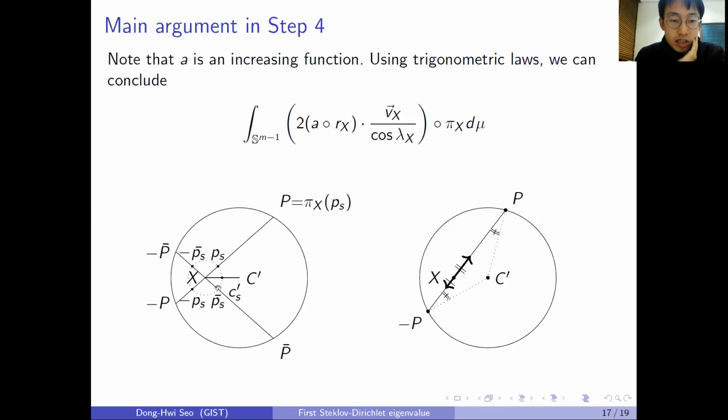And then we define minus small c sub s by the antipodal point of small p sub s, and we define minus small p sub s bar by the antipodal of the small p sub s bar. And then we define p bar, minus p and minus p bar by the images of the projection map of these 3 points.